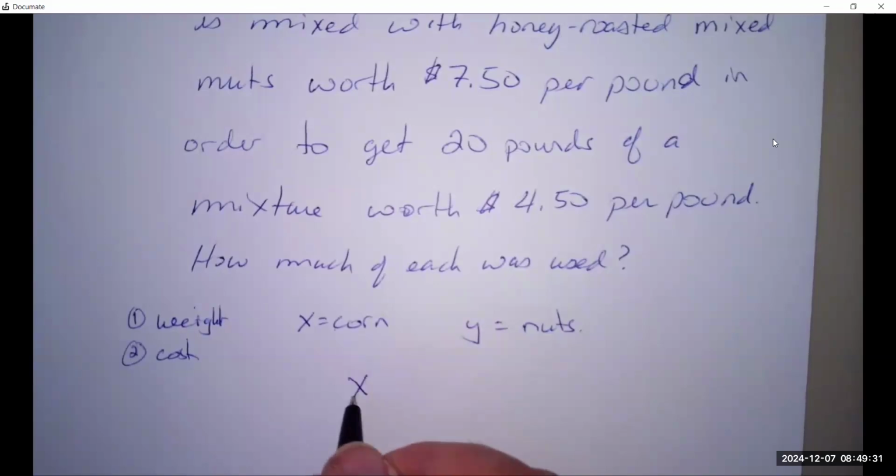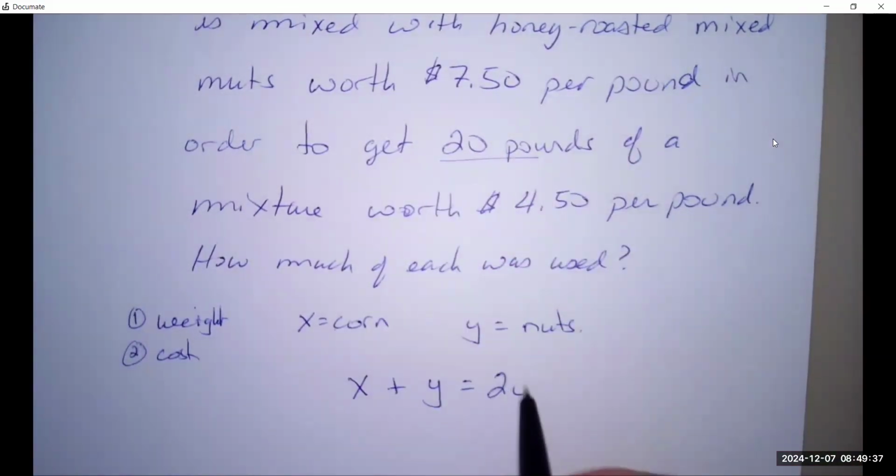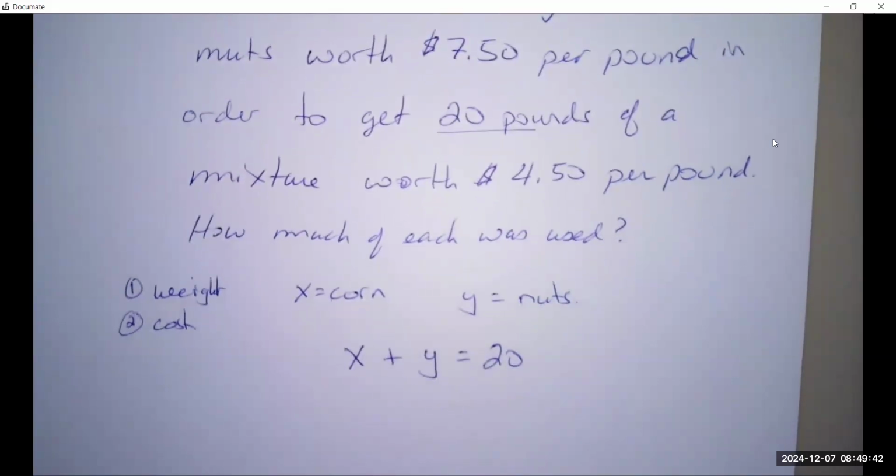We know that if we take the corn plus the nuts, then we get 20 pounds. What else do we know?